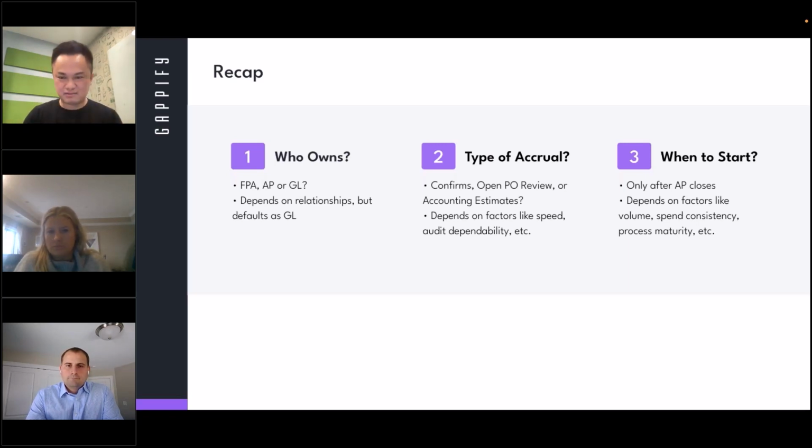And the former slide that we just went over was when to start your AP close and accruals. Again, a bunch of different factors. I know I've overused the expression, it depends, it varies, it depends on the organization, but that truly is the reality of the world. But this is where we accountants become really valuable for our organizations.